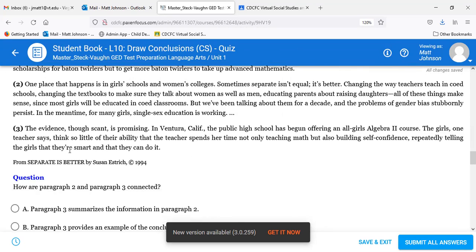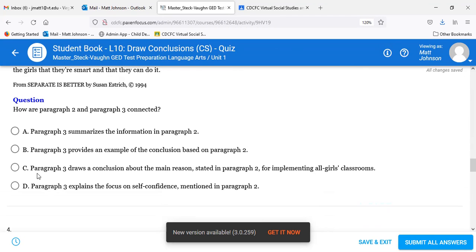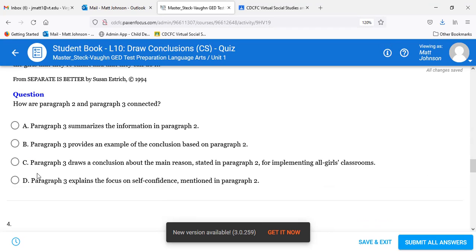And then our same passage here. So how are paragraph 2 and paragraph 3 connected? Is it A, or B, right? Paragraph 3 provides an example of the conclusion based on paragraph 2.